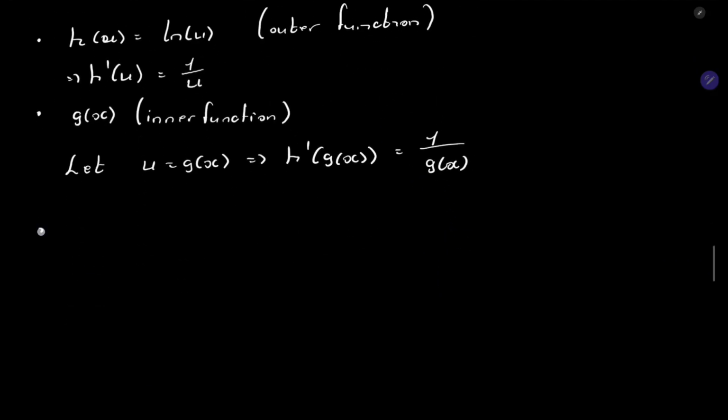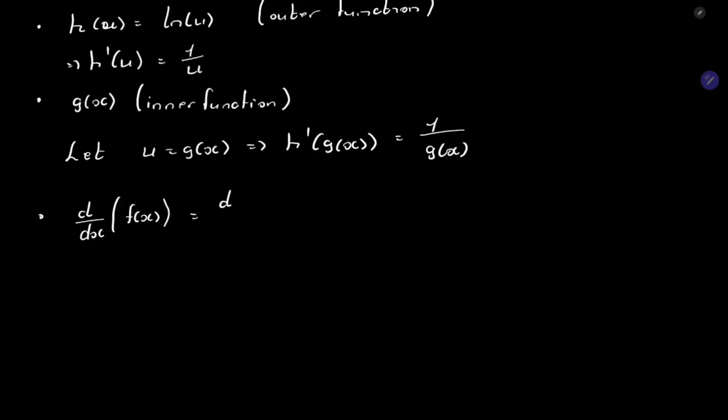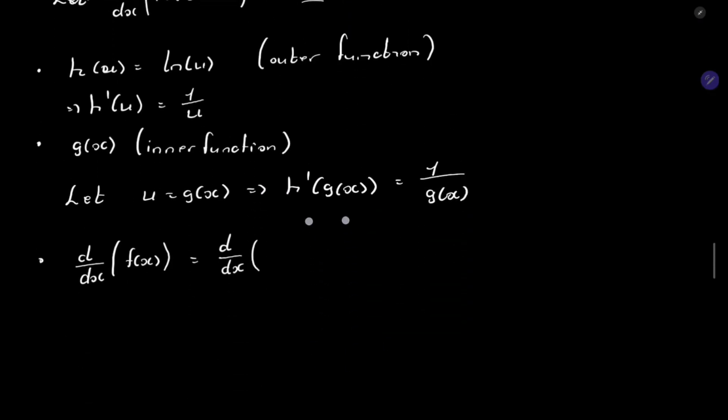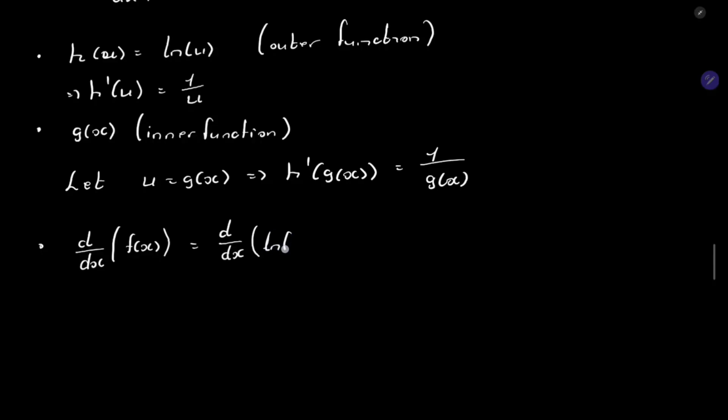Now from our chain rule, the derivative with respect to x of f of x, in our case, is d on dx of ln of g of x, which is equal to h prime of g of x, that is 1 on g of x, times g prime of x.